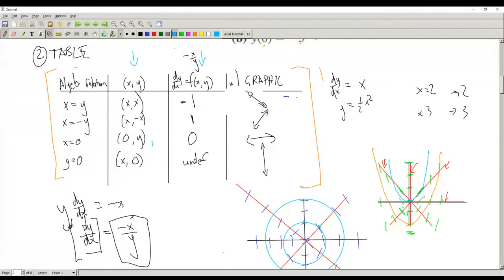The algebraic relation is just a tool. It's a tool to figure out what this field looks like. Because if you have a set of axes and you know that things exist within that, you want to know how this field acts.